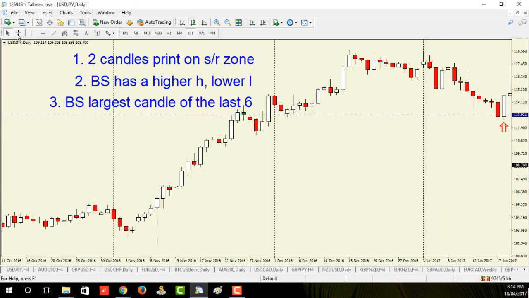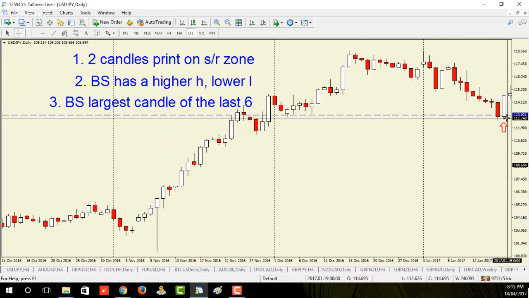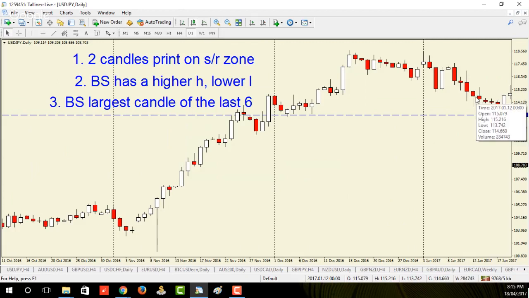And the only one here that would even come close would be this one. That one's about 270 pips. And this candle here, the big shadow, is about 238. So it's bigger than that one, that one, that one, that one, that one. So it's the biggest of the last 1, 2, 3, 4, 5.